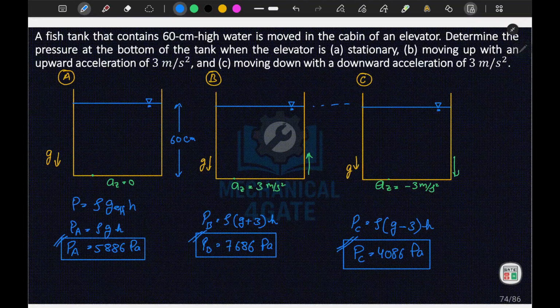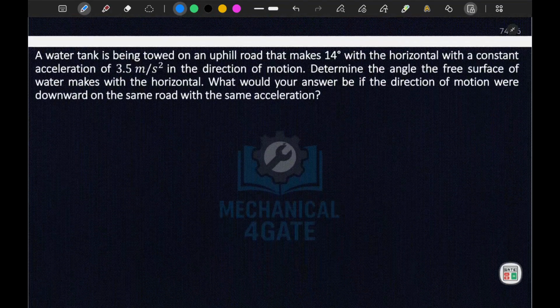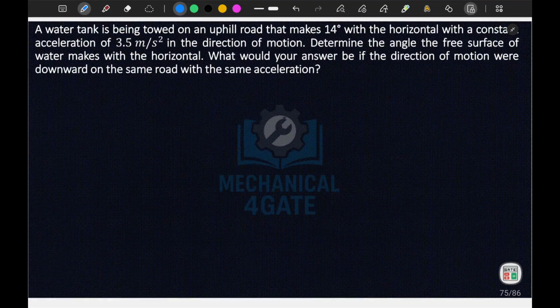Now let's move to your next question. A water tank is being towed on an uphill road that makes a 14 degree angle with the horizontal, with a constant acceleration in the direction of motion. Let me draw it first. We are towing it uphill, so it makes an angle of 14 degree.